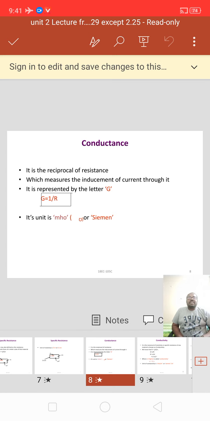It is represented by the letter sigma or G. G equal to 1 by R, that is nothing but the reciprocal of the resistance. Its unit is mho or Siemens. It is the reverse of the ohm, that is nothing but the mho, or its unit is also Siemens.